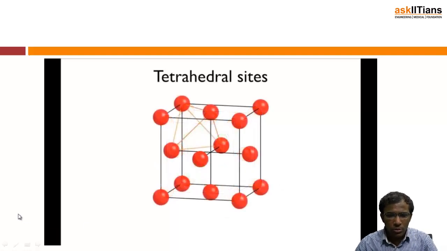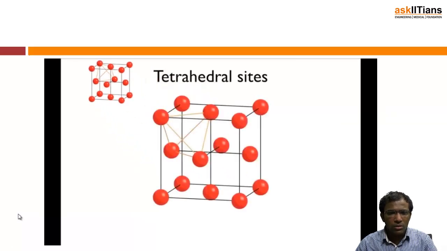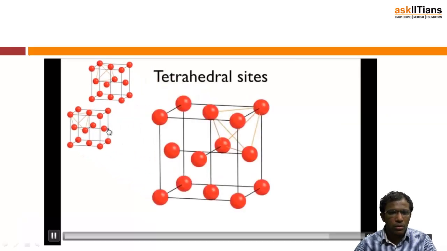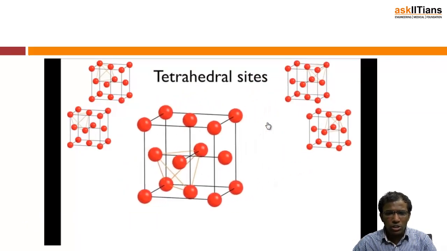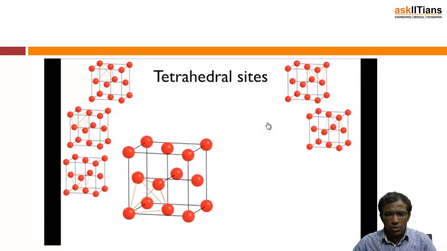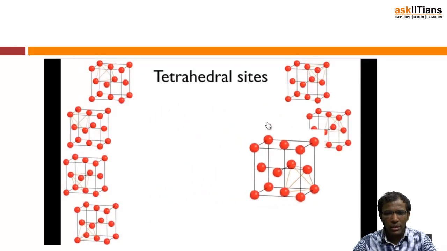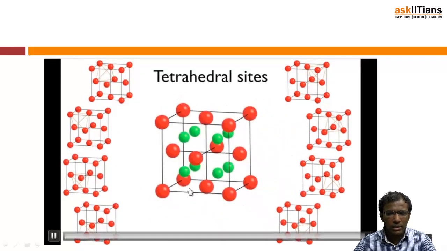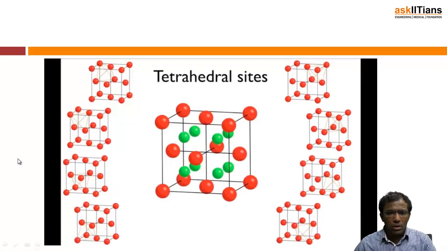The green spheres are occupying the tetrahedral sites. These show each individual tetrahedral site. So total we have 8 tetrahedral sites, 4 here and 4 here. Now we are able to locate the tetrahedral sites as well as the octahedral sites.